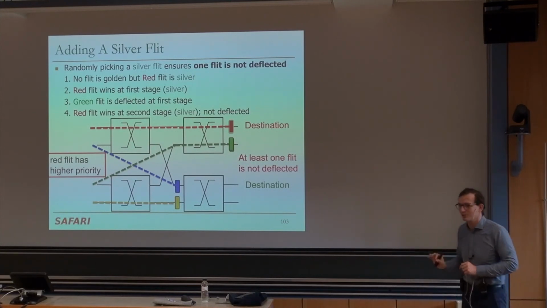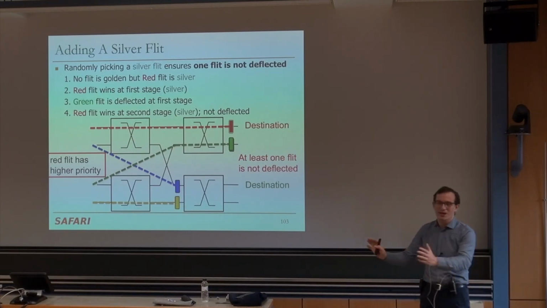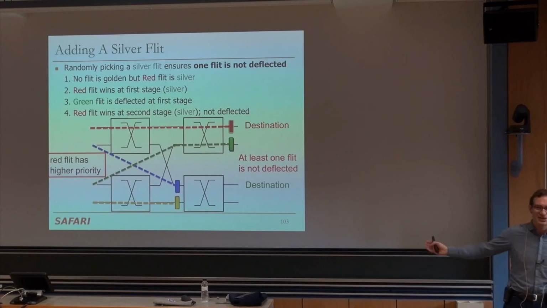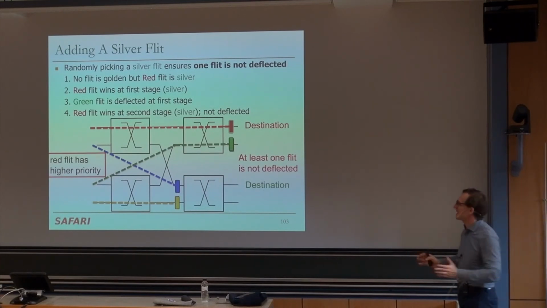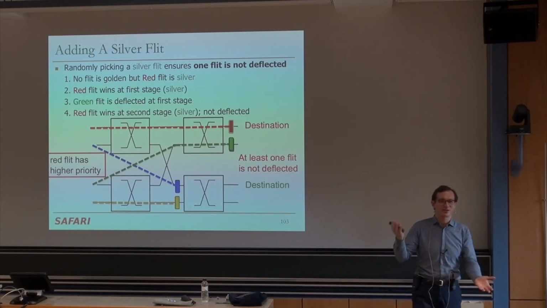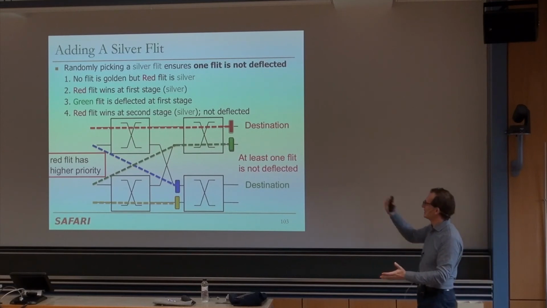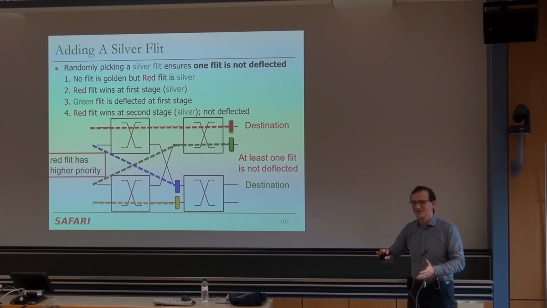Now, this is within a router. You can say, I can expand this to the larger network, and you're right. The same thing happens across routers in a network. If the routers are not coordinated, you may prioritize one flit, and then the next router may deprioritize it.